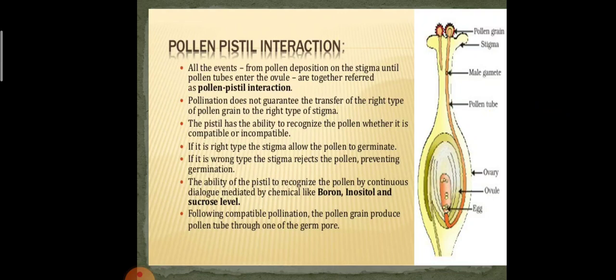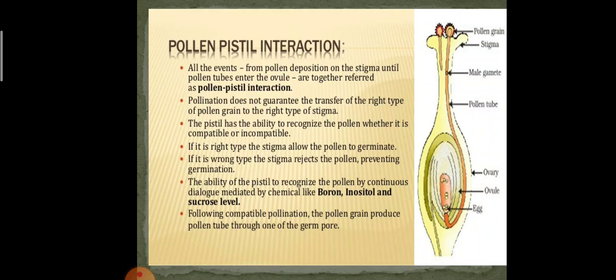Before we go towards fertilization, we have to discuss pollen-pistil interaction. Pollen-pistil interaction covers all the events from pollen deposition on the stigma until the pollen tube enters the ovule. Only the right type of pollen grain will form a pollen tube. As soon as the right type lands, as we see here, a pollen tube forms, and that pollen tube travels through the stigma, style and ovary.